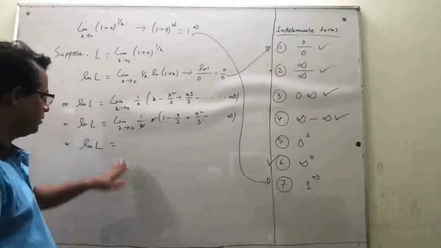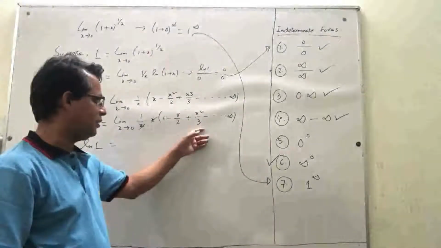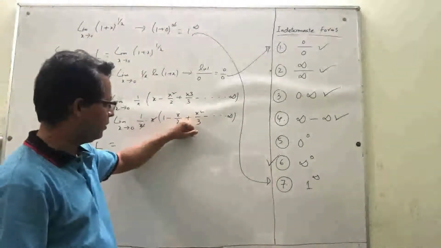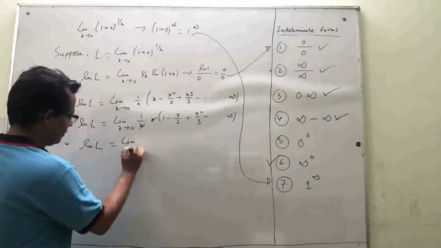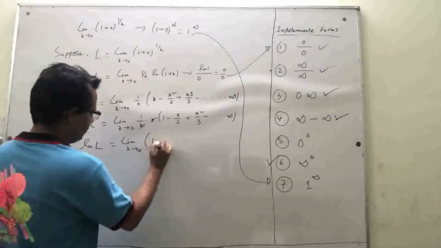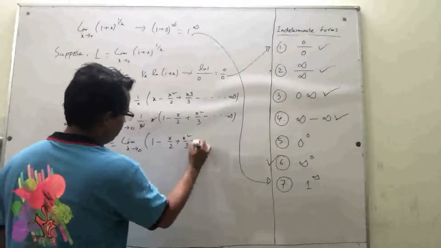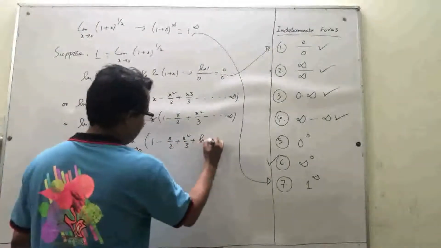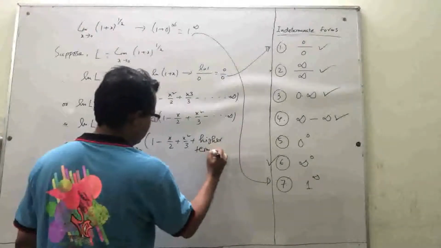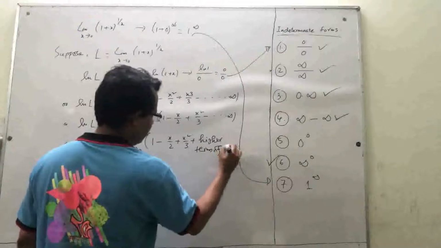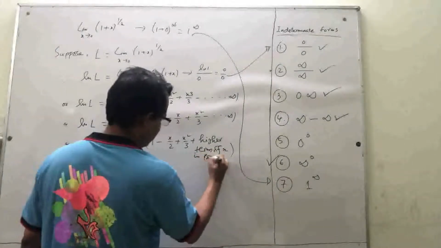We have limit x tends to 0, 1 minus x by 2 plus x square by 3, and higher degree terms of x. We can write this as limit x tends to 0, 1 minus x by 2 plus x square by 3 plus higher terms of x in power.